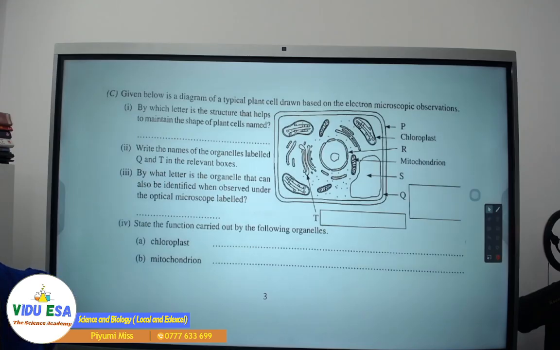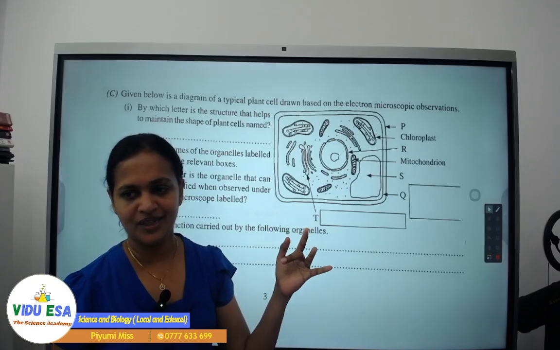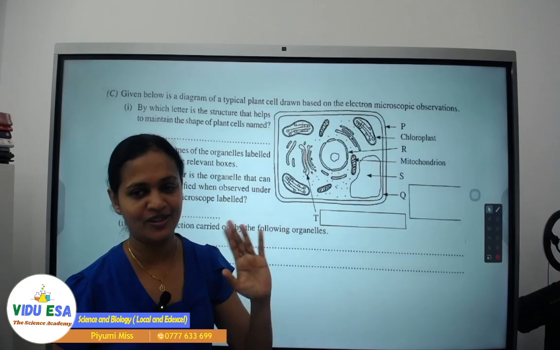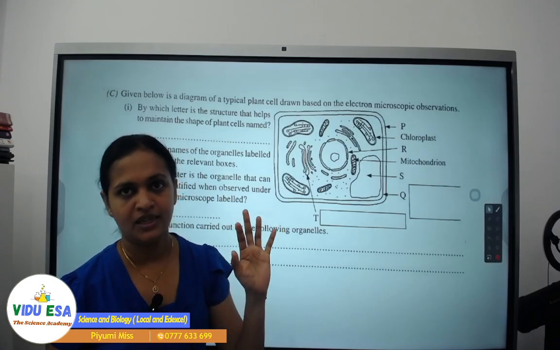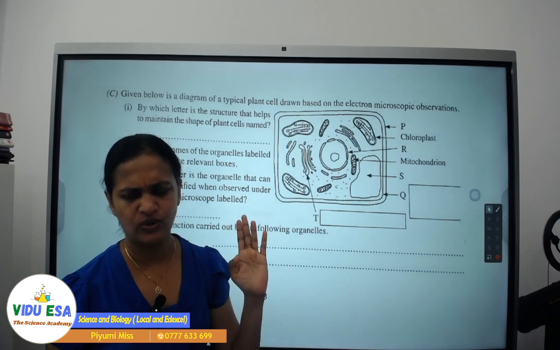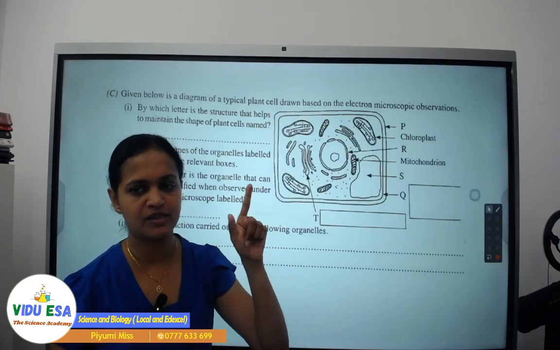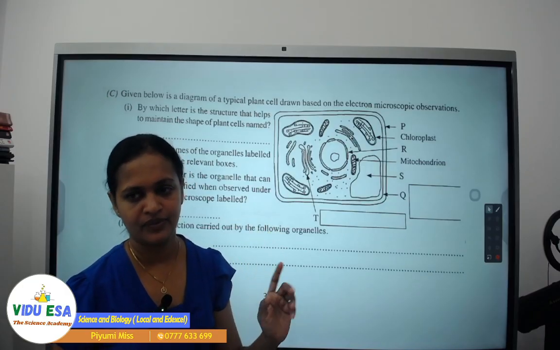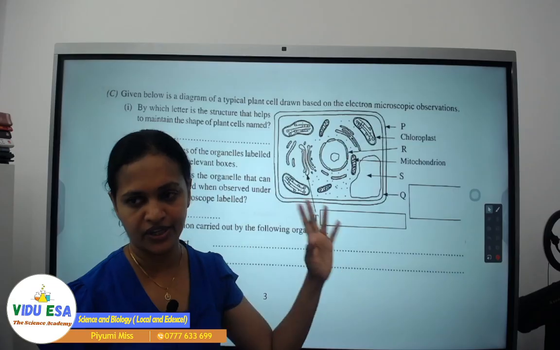The cell wall is also visible, mainly the cell wall is clearly seen. If it is an animal cell, we can see the plasma membrane as the outermost cover. Then we can see the nucleus and also the central vacuole.